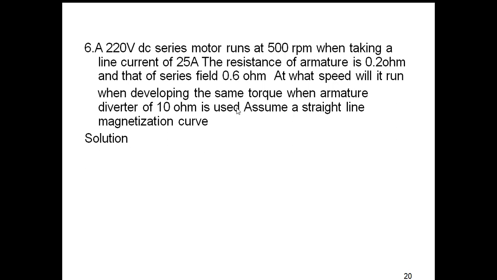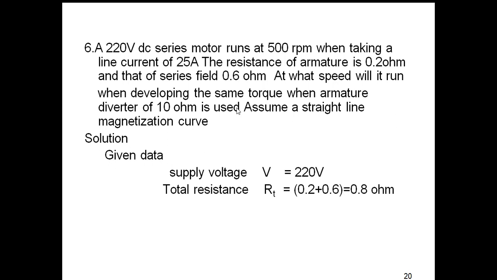Let us see the solution now. Here the given data is the supply voltage V is equal to 220 volts, and here the armature resistance is 0.2 and the series field winding resistance is 0.6.